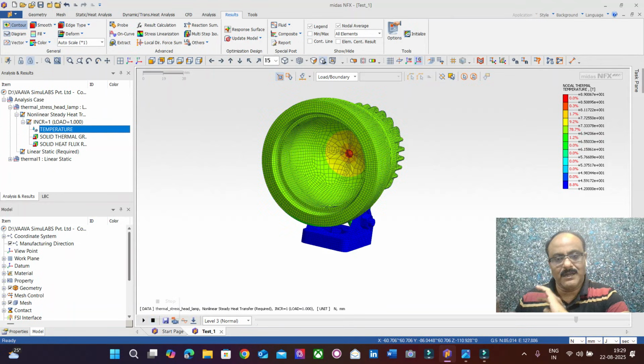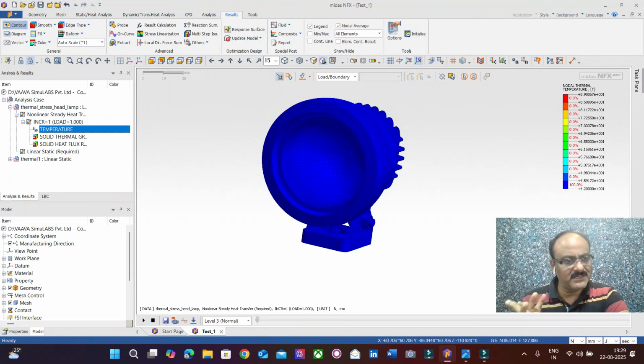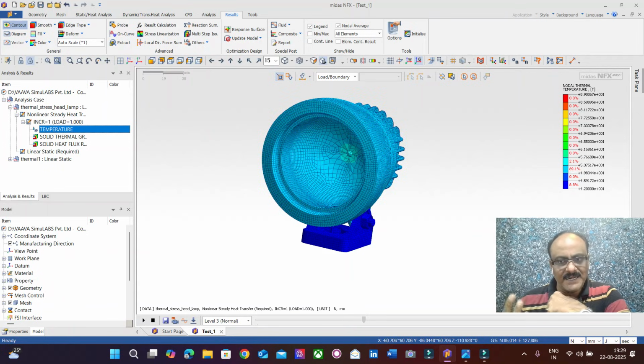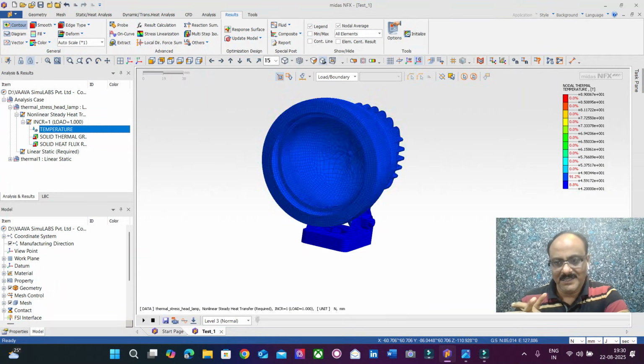So now the biggest problem here in this simulation is we'll be able to just get an idea about what is going to be the temperature, what is going to be the gradient, etc. Now it's very difficult for an engineer to visualize at time t equal to 10 seconds what the temperature is going to be, or at time t equal to 3 seconds.